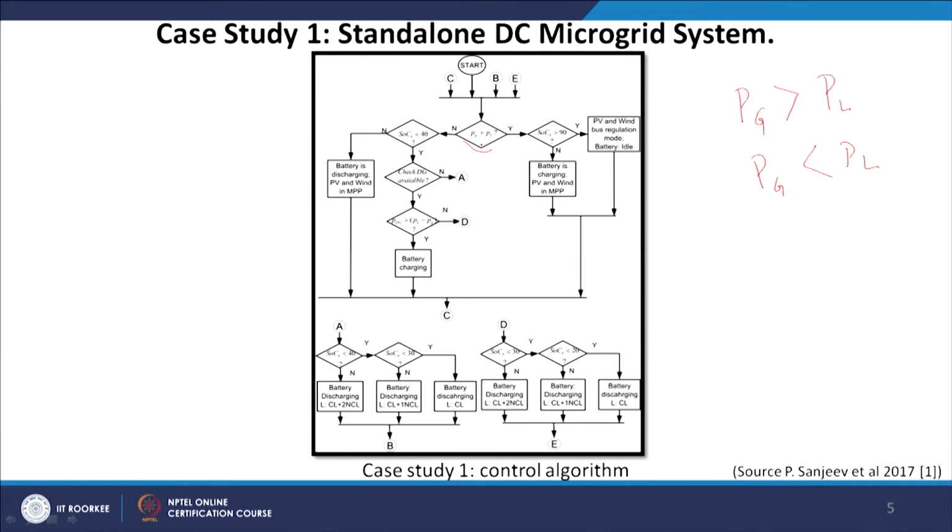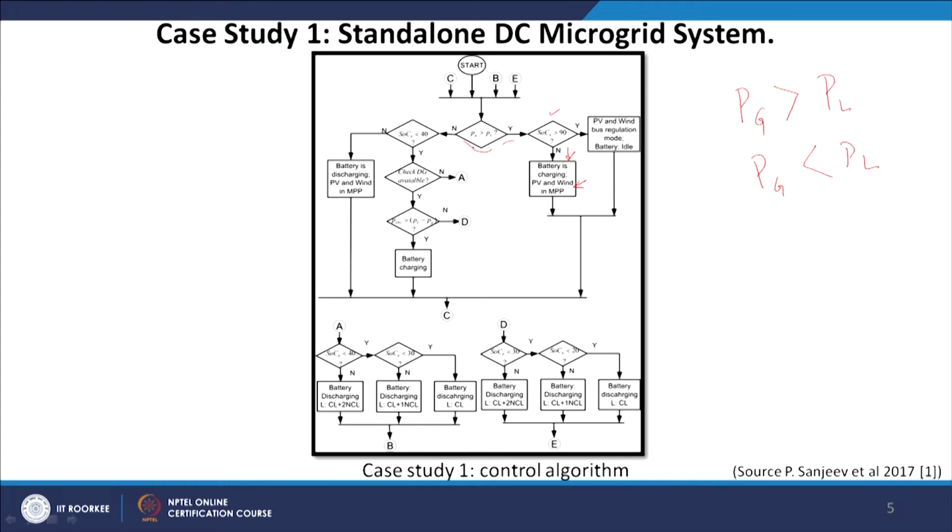Now, if the P generation is greater than PL, and if the battery SOC is not at 90%, that is, it is not charged up to 90%, then I can charge my battery and allow my PV and wind to operate at their MPP.